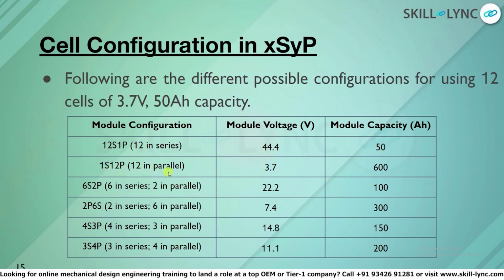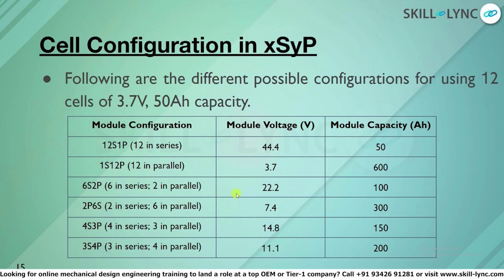Similarly, a module with 1S12P configuration will have only 3.7 volts, but the module capacity will be 600 Ah because 12 cells are connected in parallel. Similarly, 6S2P means 6 cells connected in series and 2 in parallel, which gives 22.2 volts at module level, and 50 Ah times 2, which is 100 Ah of module capacity.